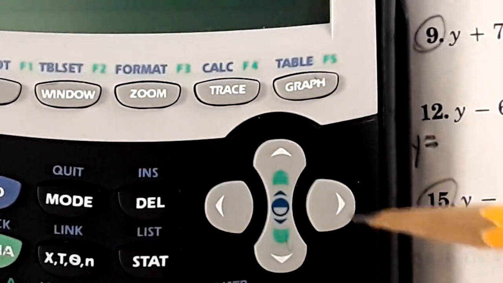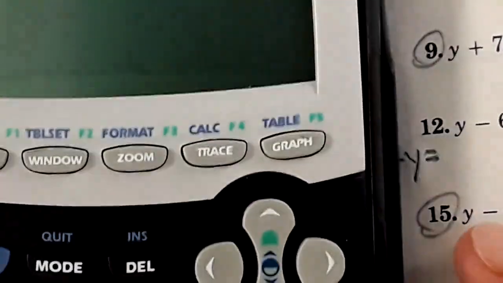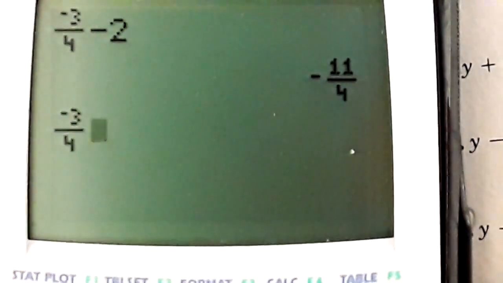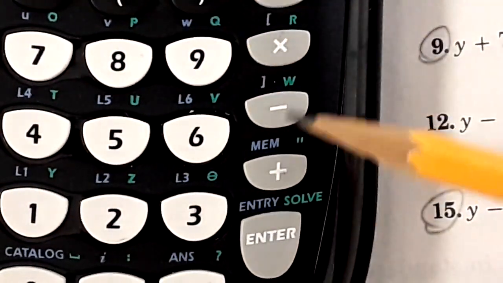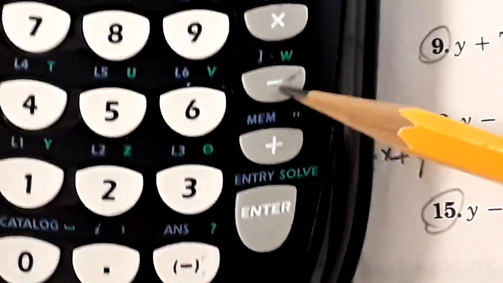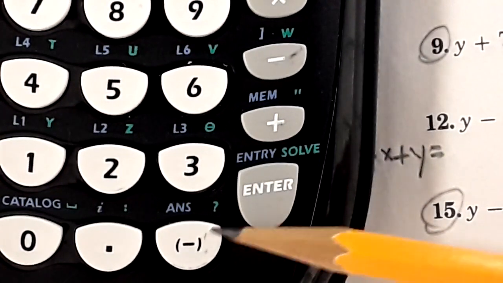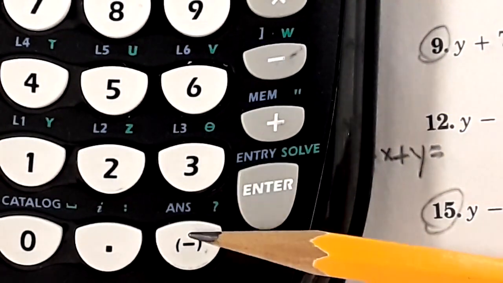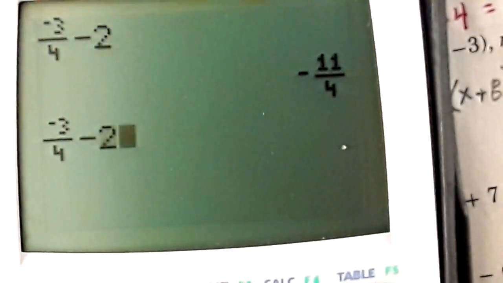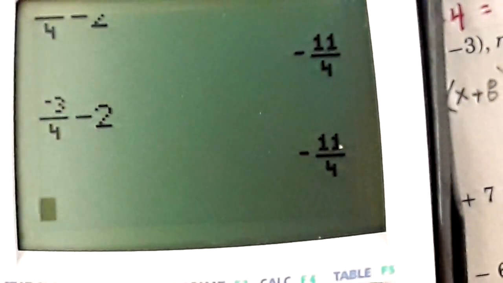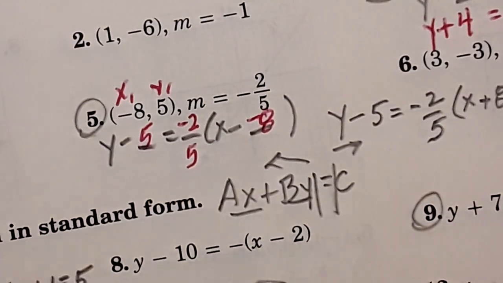You need to use your arrow to your right to get off that, and then a minus 2. Now the minus is on the right side right here. There's your minus sign right there, not the negative. This is negative down here. That's your negative sign, so you got to use the negative sign first, then the minus 2. Okay, so coming up here, minus 2, and then enter, and you get your negative 11/4. That's how you should do that.